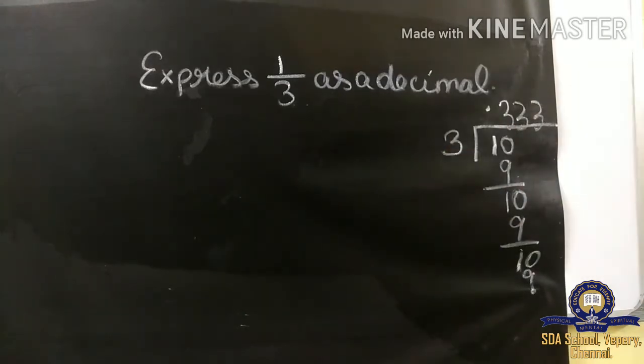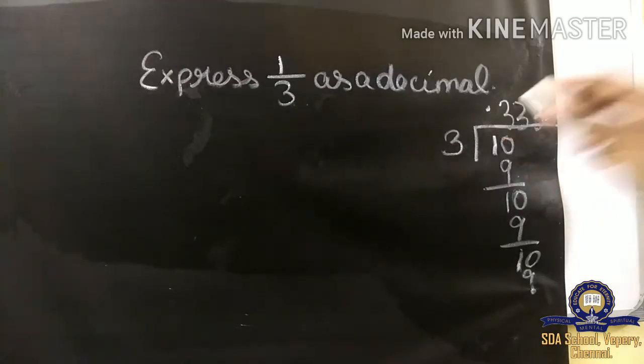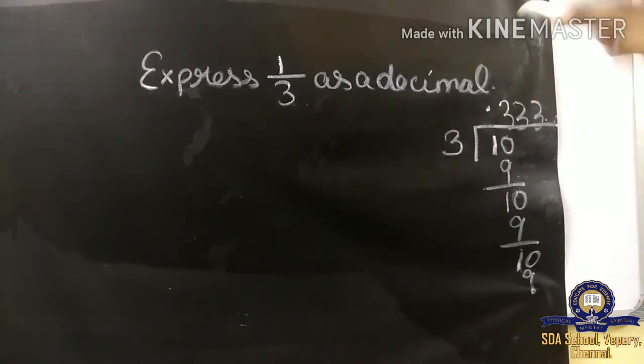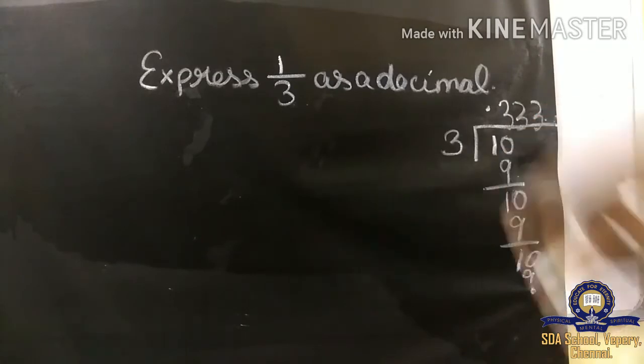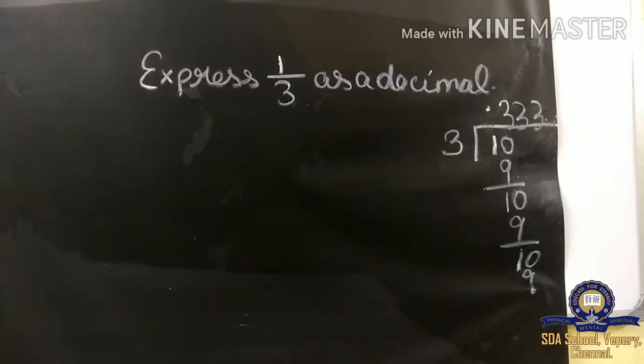After the decimal point, 3 digits is enough. It will go like this. It will never end, right? But in these repeating or recurring decimals, you can see that one digit or two digits repeatedly come. It will repeat 333. It will go like this, 3333 only.